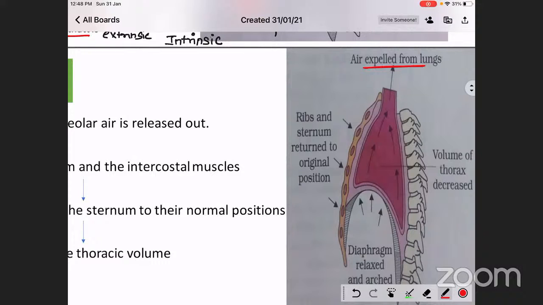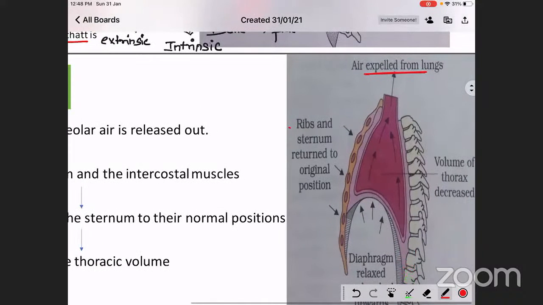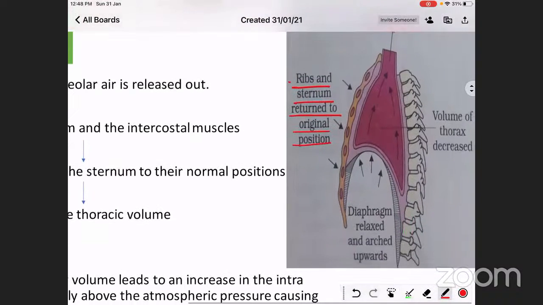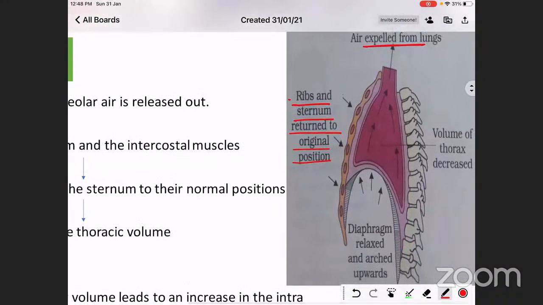Now these external intercostal muscles passively, without using any energy, go toward relaxation. When the muscle relaxes, the ribs and the sternum return to their original position, so this volume will decrease.